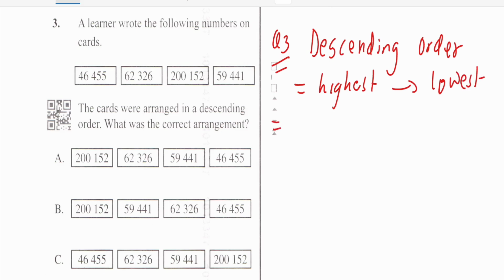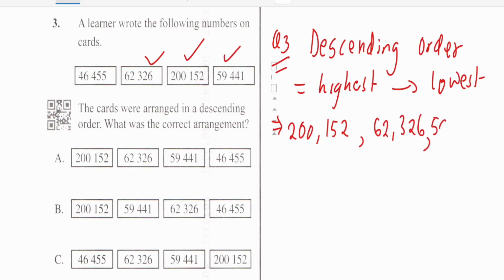Now if you look at it, which one is the highest one? Obviously the one that's in the hundreds of thousands, which is 200,152. Then followed by the 60,000, which is 62,326. Then followed by the 50,000, which is 59,441.